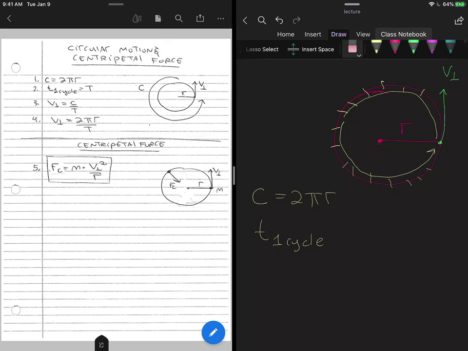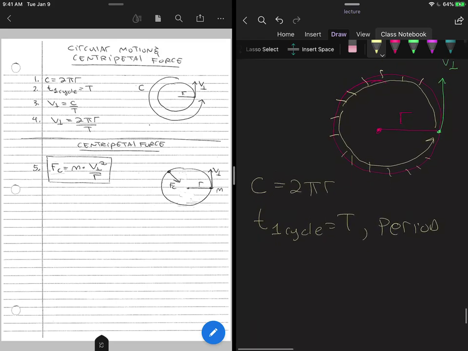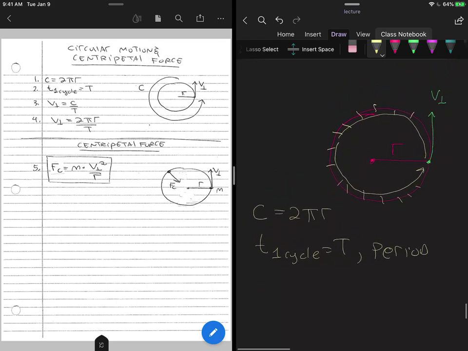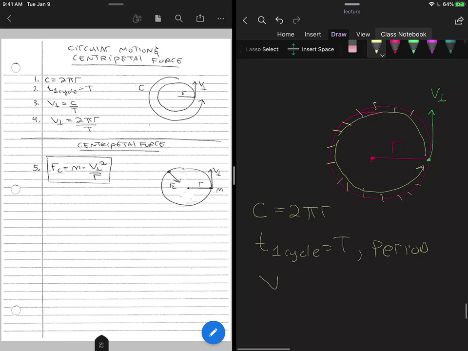We're going to define that as capital T, and we'll call that the period. So now we can get another equation for the velocity. The velocity of a particle moving on a circle is the distance traveled, which is the circumference, 2 pi r, divided by the time to make one full cycle, which is the period.